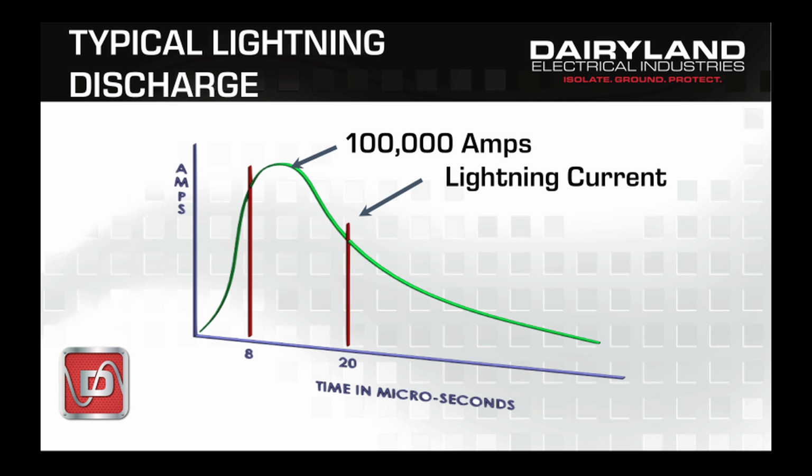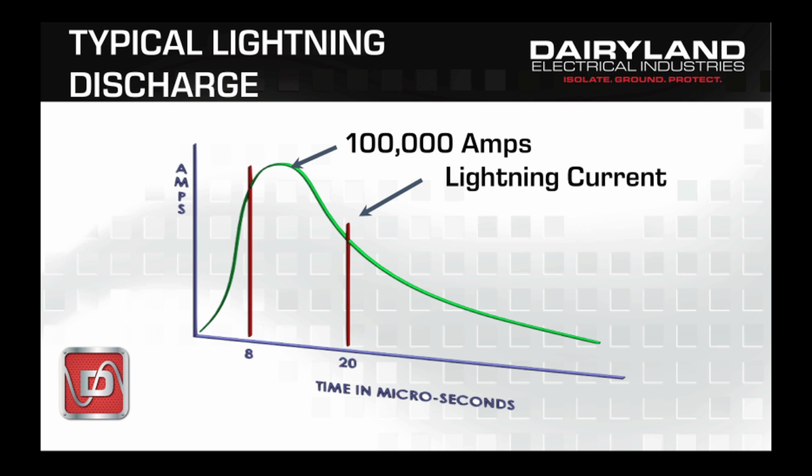8 microseconds is generally regarded as the point where we are built up to almost the maximum current flow from the lightning bolt. And 20 microseconds represents the time when that level has dropped to about 1/2. You can see that this is a very short-term event, but amperage can be extremely high.